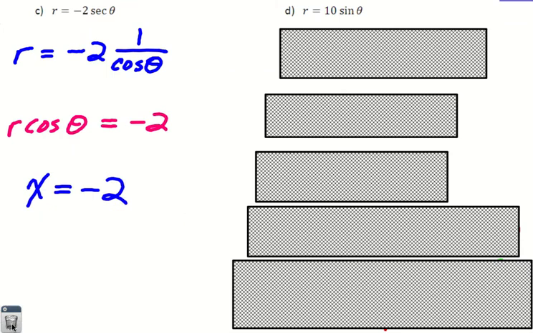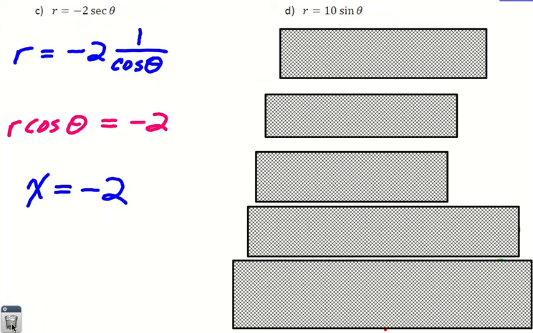Heck yeah, that's just x. So just like that, we're done. We were able to work this into having an r cosine of theta, which is just x. That's the whole story.